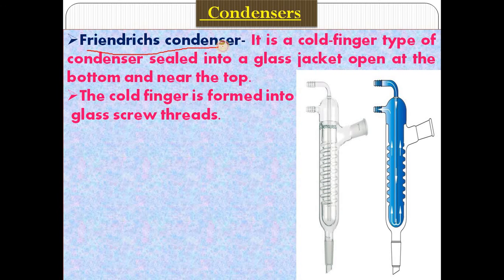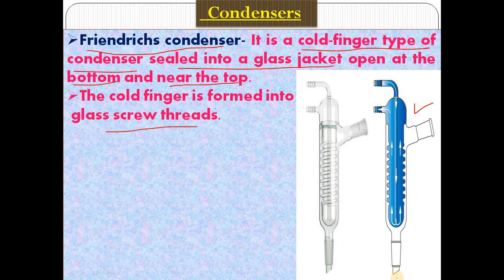Then the next one is the Friedrichs condenser. What is a Friedrichs condenser? It is a cold finger type of condenser sealed into a glass jacket, open at the bottom and near the top. The cold finger is formed into glass screw threads. This is the diagram of the Friedrichs condenser.